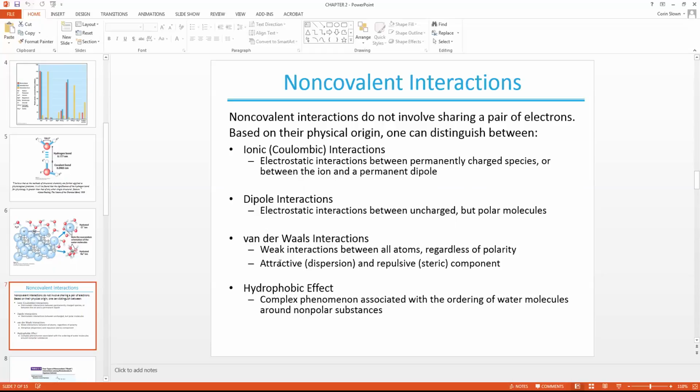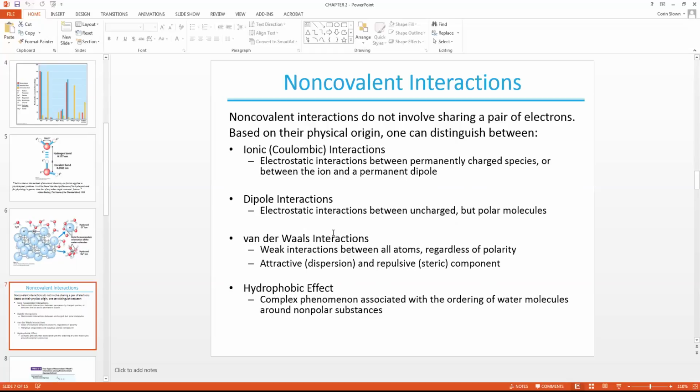The dipole-dipole interactions are what really allow for the solvation of polar molecules. And I can think of hydrogen bonds within the context of dipole-dipole interactions. It's a special dipole-dipole, where I have a highly polar NH or OH, and then I have another hydrogen that can interact with that electronegative atom.